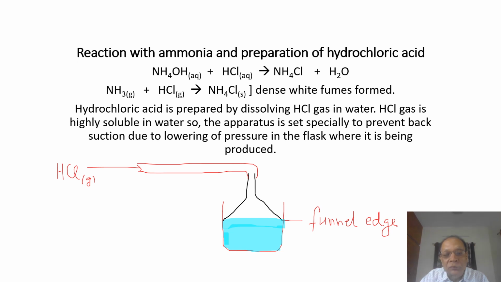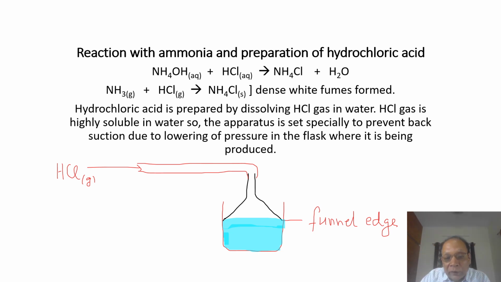So HCl comes here and is directed to water. It is not allowed to escape. It is directed into this beaker containing water. As HCl is highly soluble in water, more HCl dissolves and a low pressure is created.